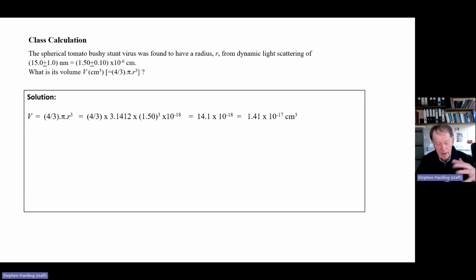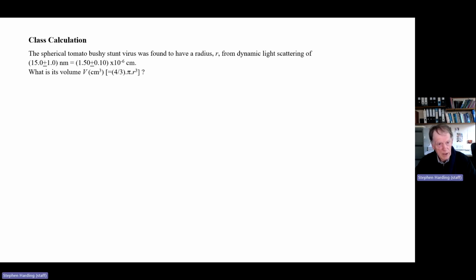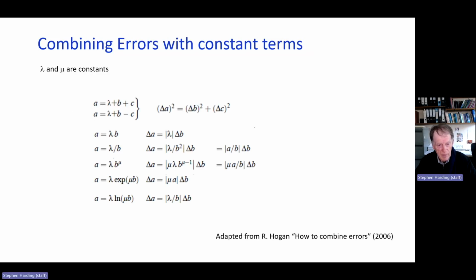So we look in that set of cases for one that matches our case, where we have a constant multiplied by the parameter to the power of 3. Which in that set of formulae we've just been looking at matches that? Well, in fact, it's this one here.